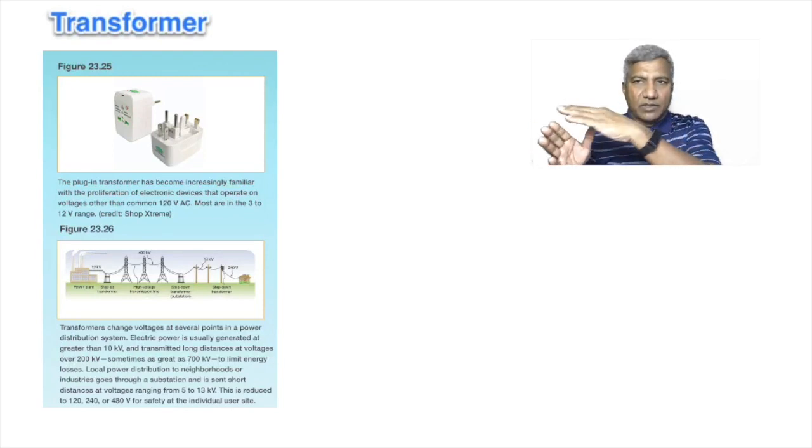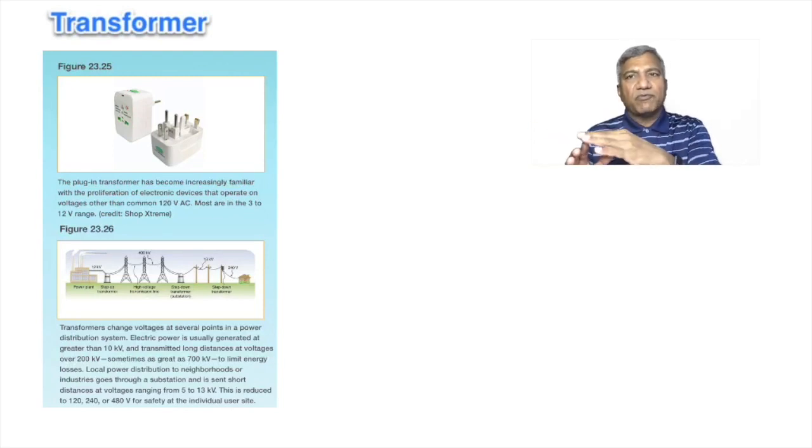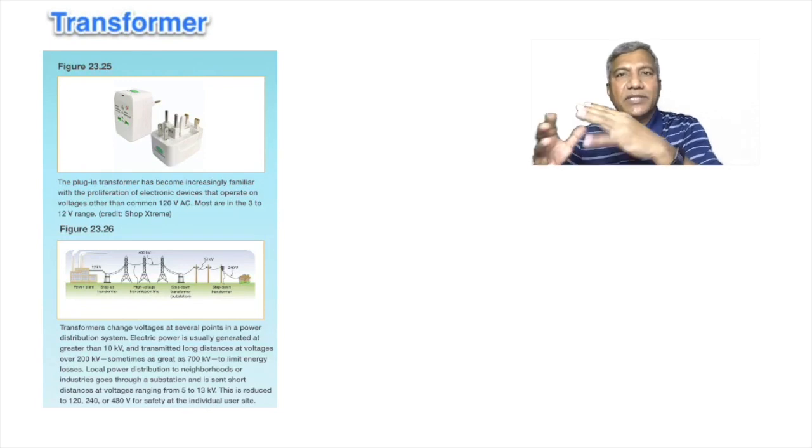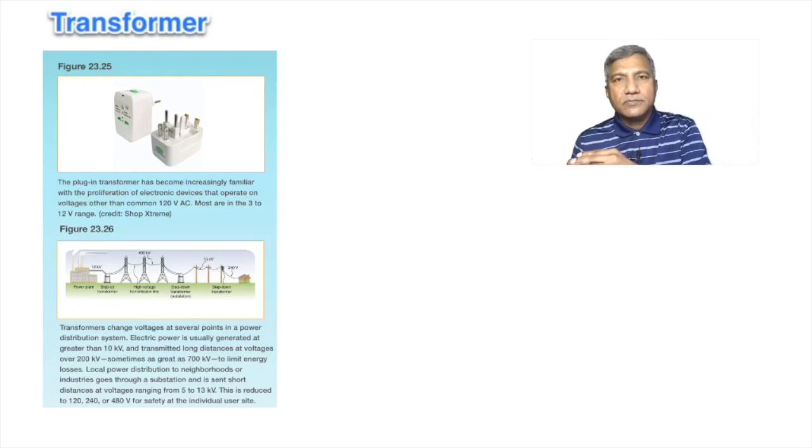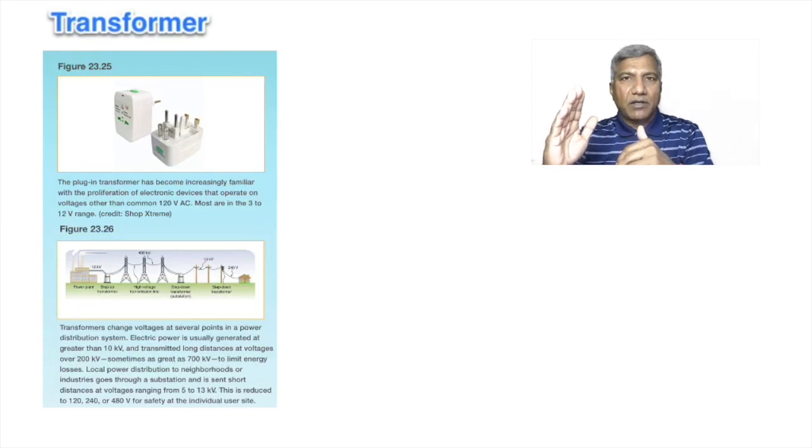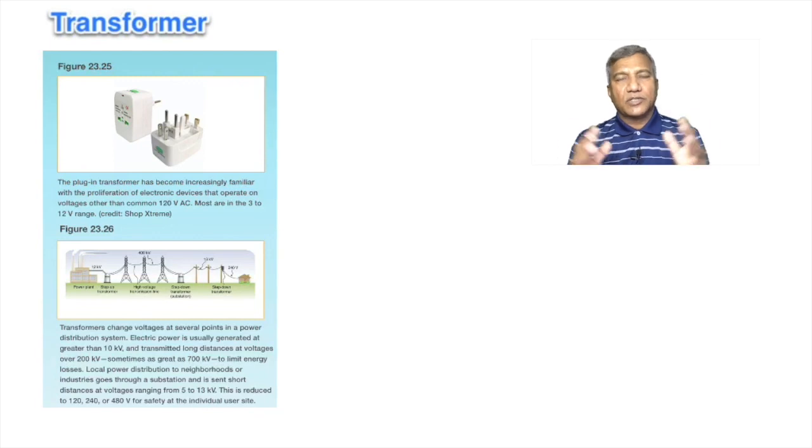But when it comes to our homes, just before that, we use a step-down transformer. What does a step-down transformer do? It decreases the voltage and increases the current back to usable levels. So that's where transformers play an important part.